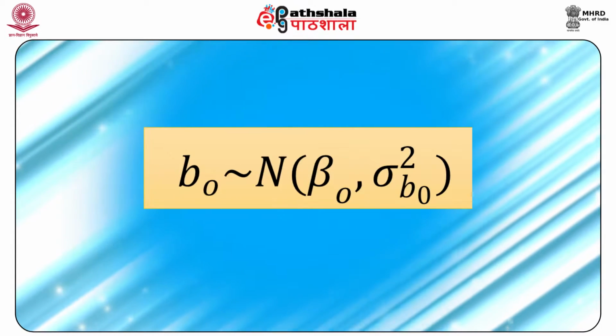B0 is distributed normally with mean beta 0 and variance sigma B0 square. Now this implies that the variable z, which is a standard normal variate, can be defined as z equal to B0 minus beta 0 upon sigma B0, and it follows the standard normal distribution with zero mean and unit variance.